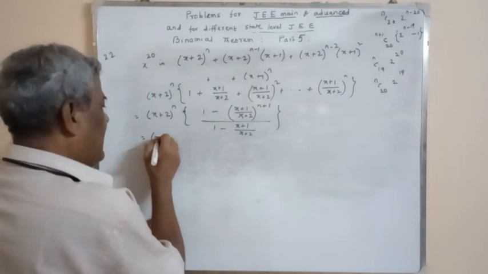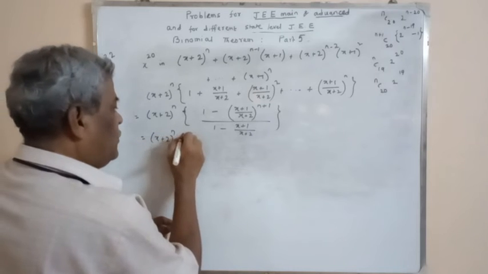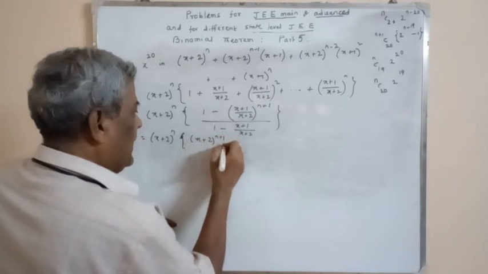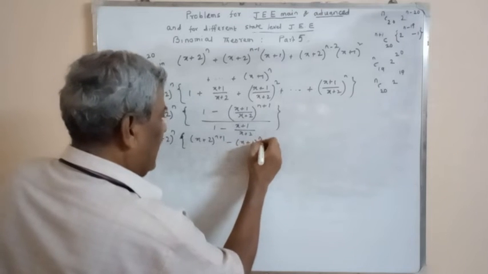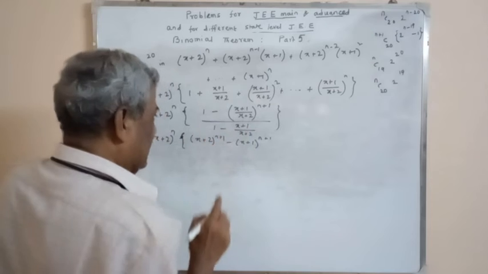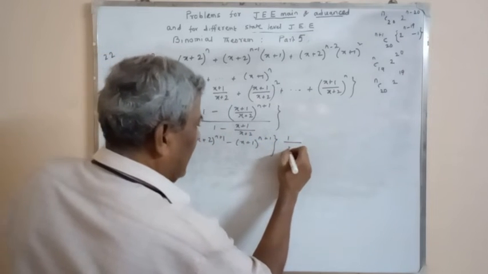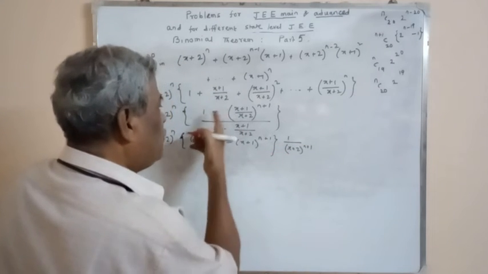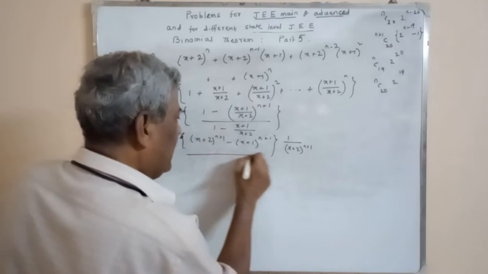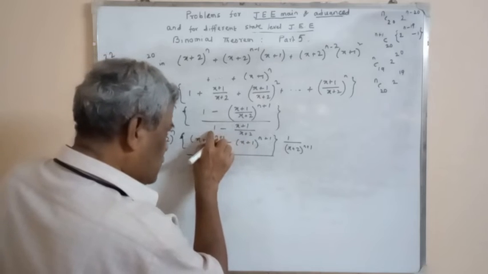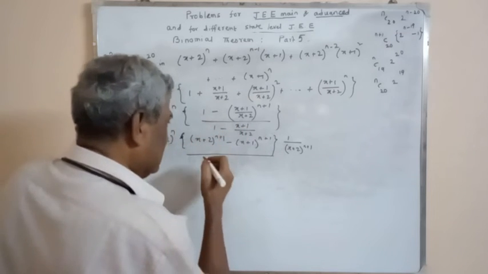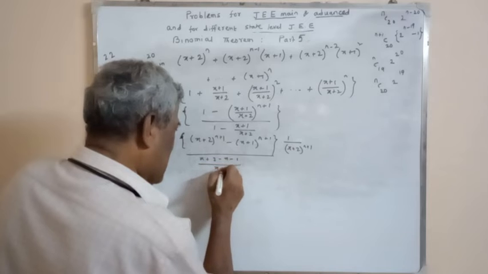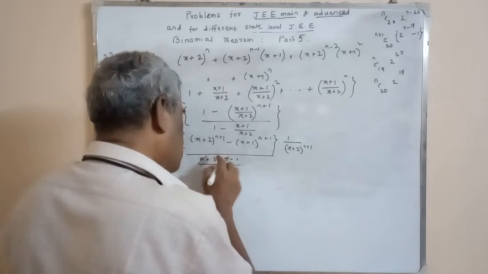This is equal to (x plus 2) to the power n into (x plus 2) to the power n plus 1 minus (x plus 1) to the power n plus 1, and this is in the denominator, that is 1 upon (x plus 2) to the power n plus 1, whole divided by (x plus 2 minus x minus 1) by (x plus 2). This cancels, so this is 1 upon that.